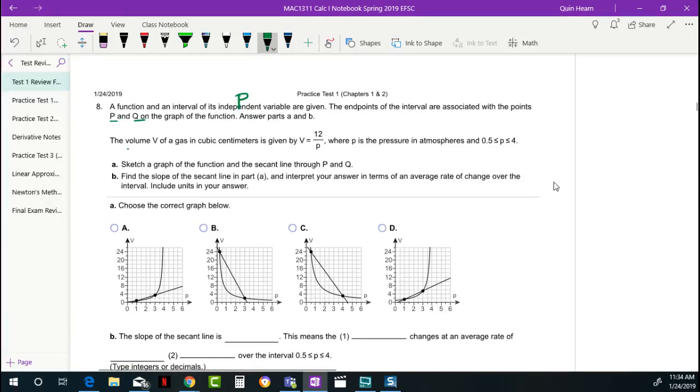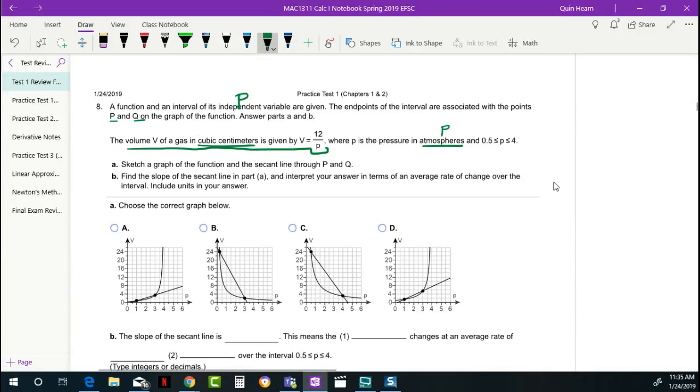Okay, so it says the volume V of a gas in cubic centimeters is given by V equals 12 over P, where P is the pressure in atmospheres. And so we have two units here, by the way. V is measured in cubic centimeters, and P is measured in atmospheres.